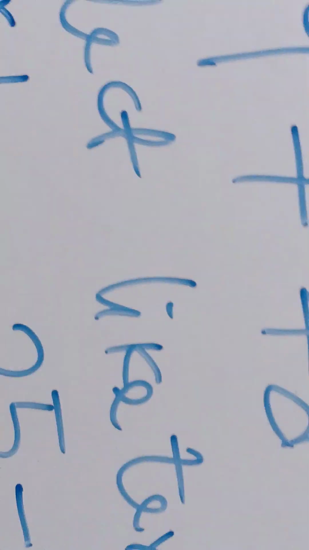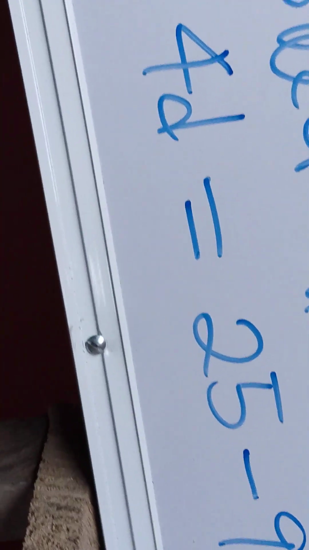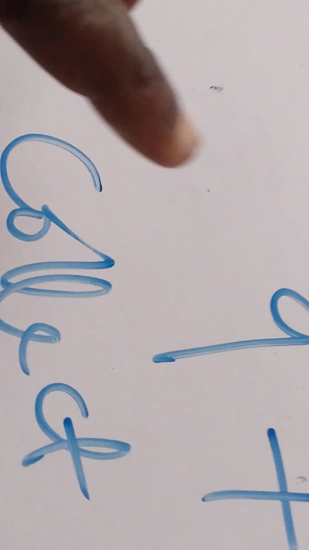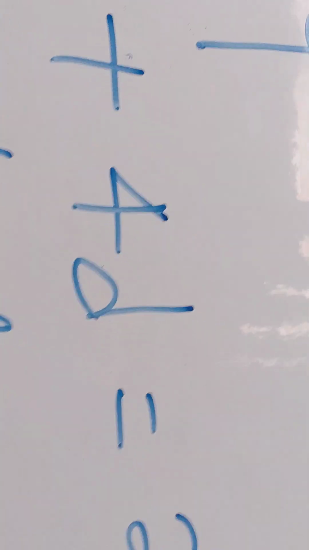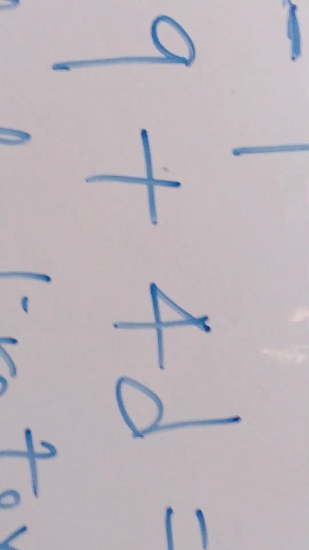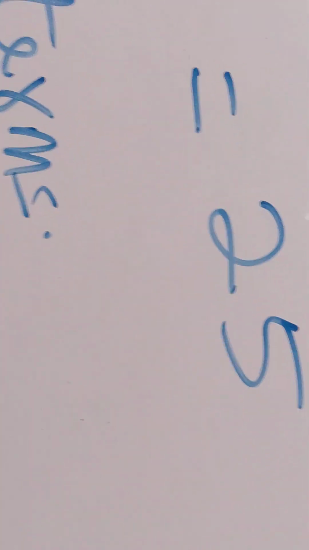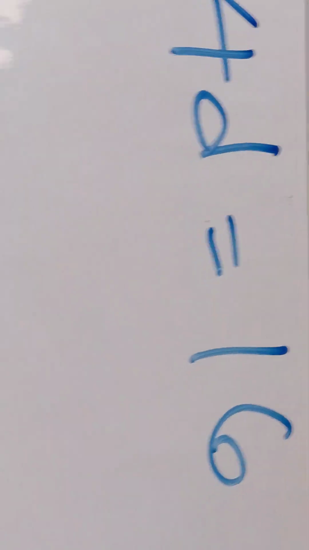You observe that when plus 9 crosses the equality sign, it changes to minus 9. So I have 4d equals 25 minus 9, and 25 minus 9 gives us 16. So this now becomes 4d equal to 16.